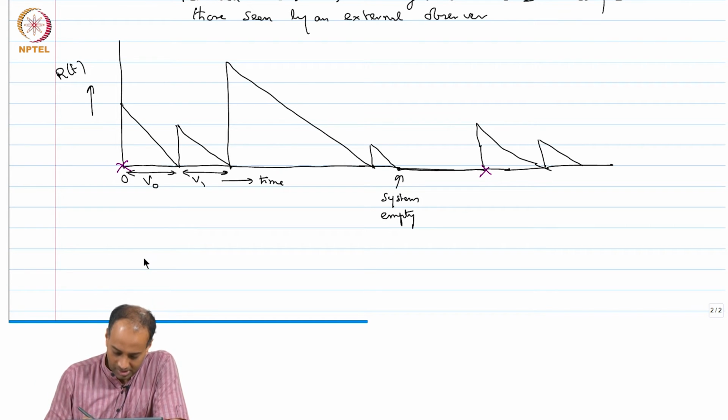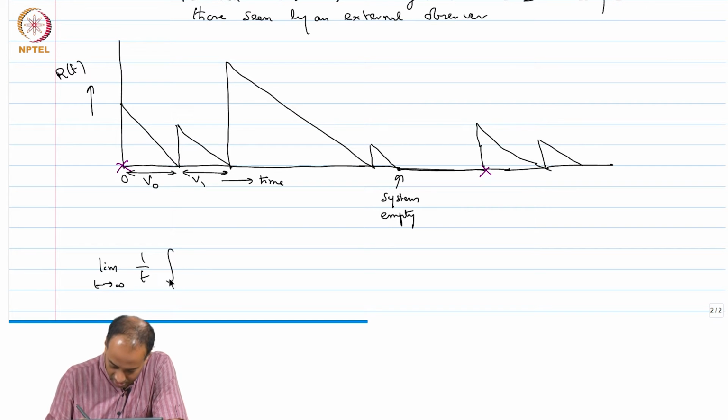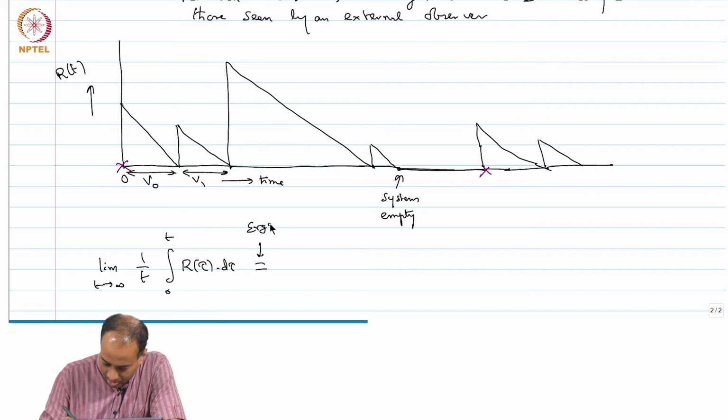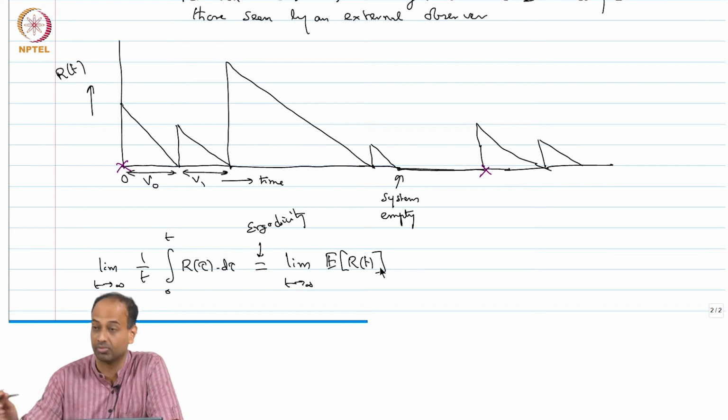So, what we would expect is the following: the limit as t tends to infinity of the time average of R of tau d tau, which by ergodicity you would expect is the same as the ensemble average reward, right.